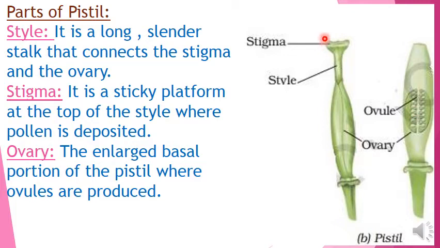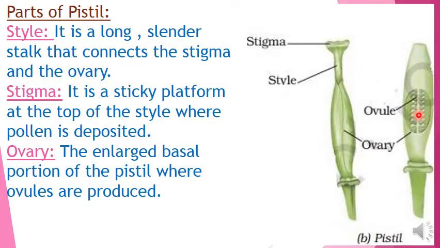When the male gamete, that is pollen grain, falls on the stigma, it is sent to the style. Style passes the pollen grains to the ovary, whereas the ovary produces the ovule and sends the male part, that is pollen grains, to the ovule.